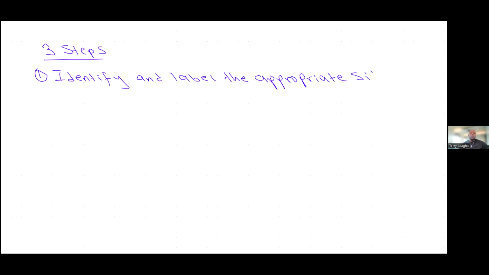That means you need to know which is the hypotenuse, which is the adjacent, and the opposite. Then after you're done with that, the next thing you do is use the relevant trig ratios.